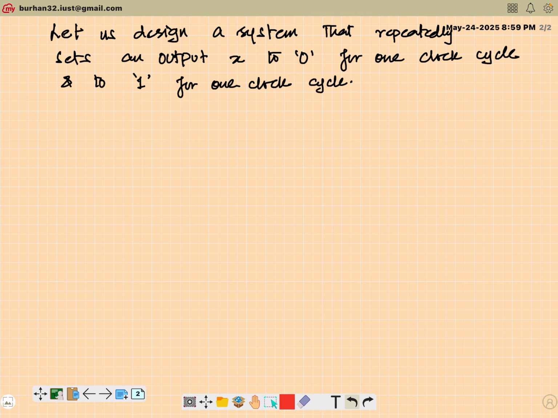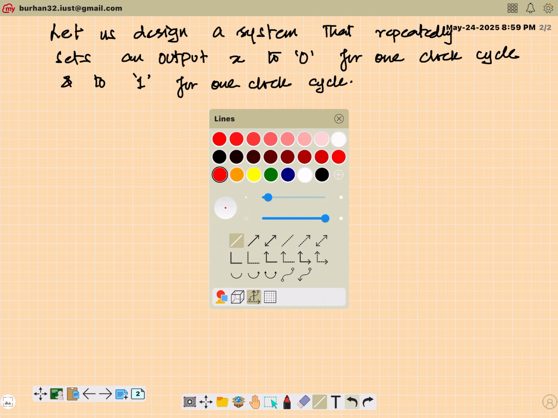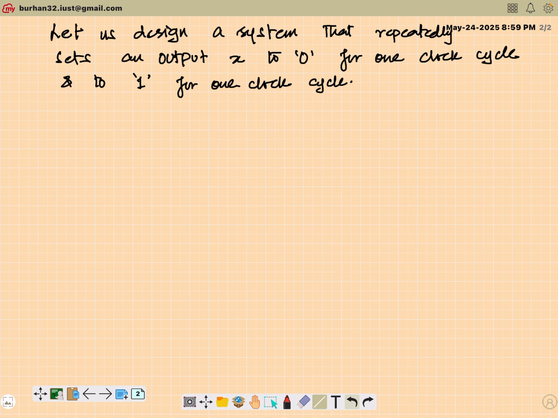So it is something like this. If I try to show it using a timing diagram, if I have a clock here, this is one cycle, this is another clock cycle, third one, fourth one. Fine.